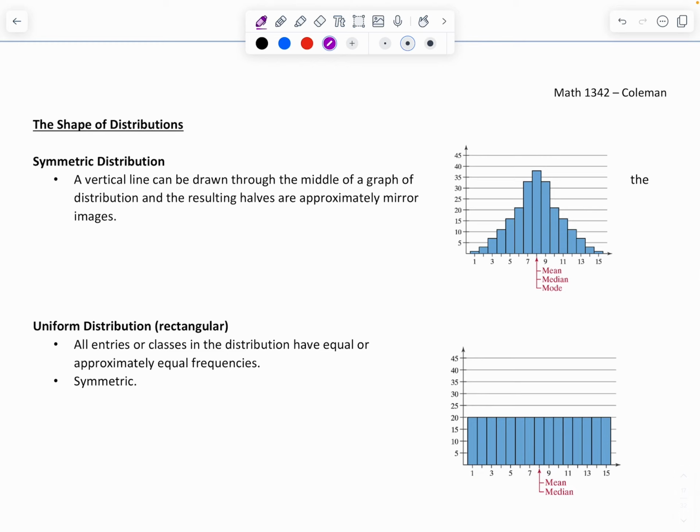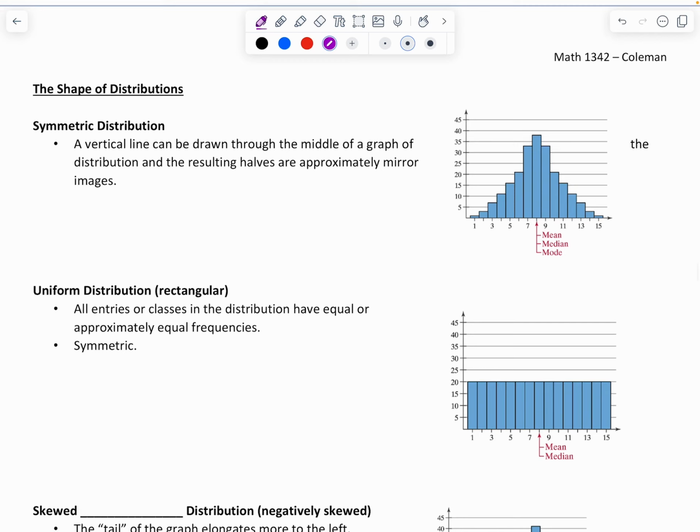All right. We're almost done with this section. So the next thing we do is we take a look at how things are distributed in relationship to a curve, histogram in this case, and the mean, median, and mode. And so the symmetric distribution says a vertical line can be drawn through the middle of the graph of distribution, and the resulting halves are approximately mirror images.